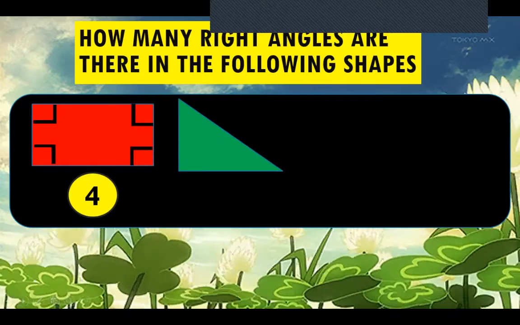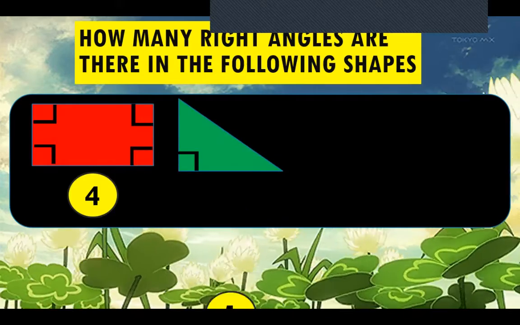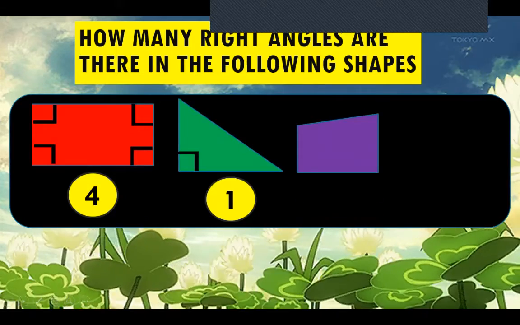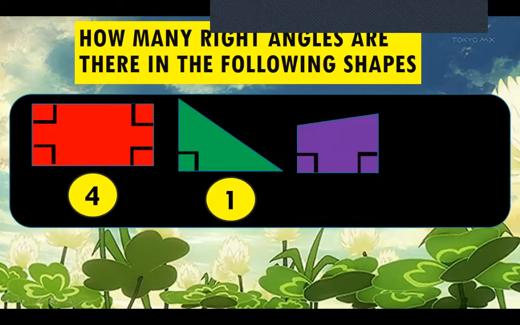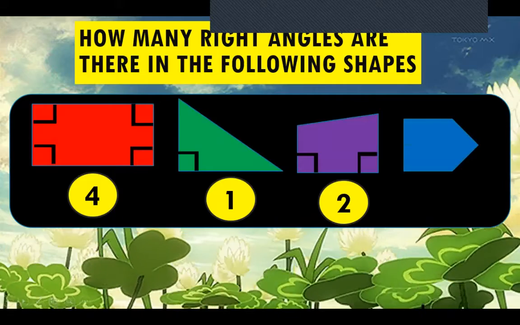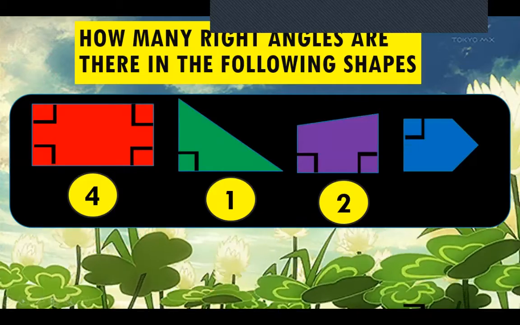Now the next one. In this triangle, there is only one right angle. Now in this quadrilateral, there are two right angles, and in a pentagon, you will find again two right angles.